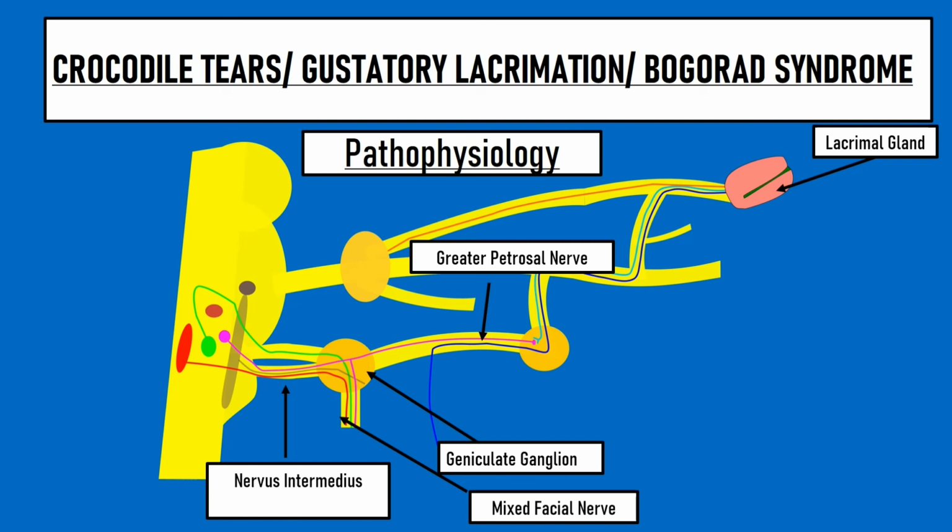They were supposed to go along the mixed facial nerve, but instead of going that route, they go along the greater petrosal nerve, and we know that the secretomotor fibers carried by the greater petrosal nerve ultimately reach the lacrimal nerve to innervate the lacrimal gland. So in this case, the fibers that were supposed to reach the salivary glands are now innervating the lacrimal gland. So the result is that any stimulus such as the smell or the taste of food, instead of causing salivation, excites the lacrimal gland to produce ipsilateral tearing.